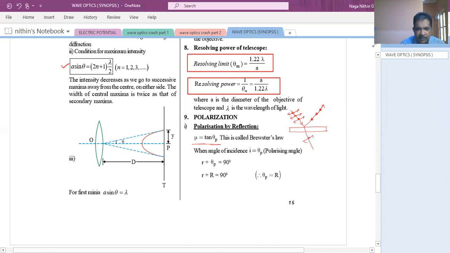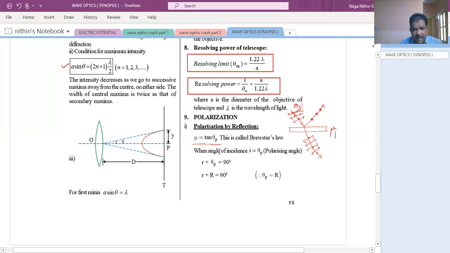Refracted light will have a mixture: some will have both parallel and perpendicular components, and somewhere only parallel components. If you draw a normal here, this angle will be called the Brewster angle or polarizing angle.